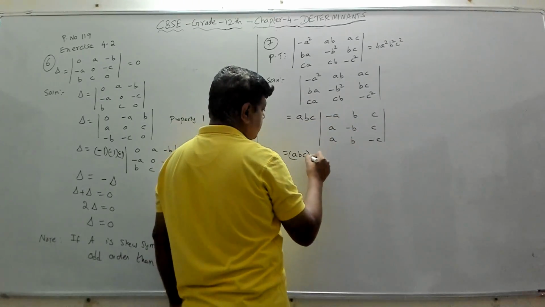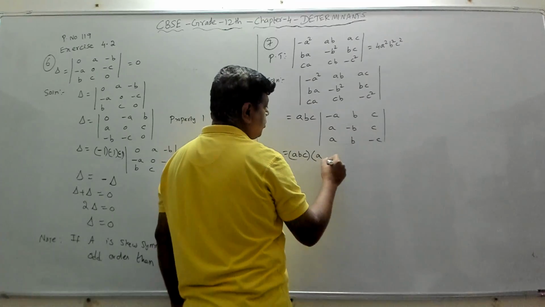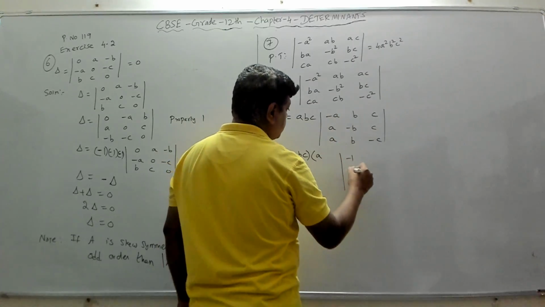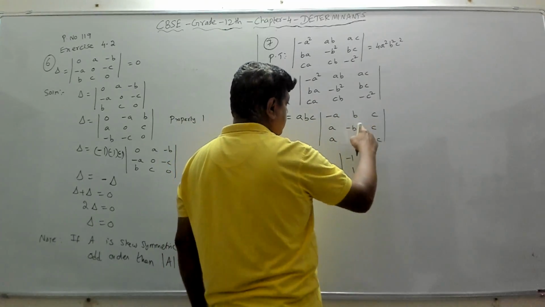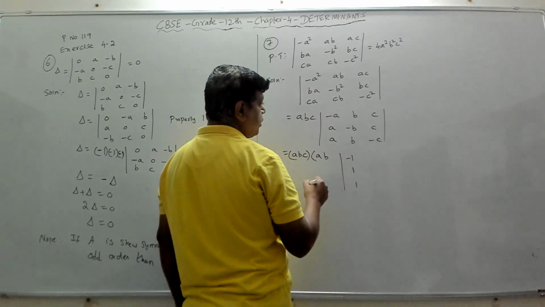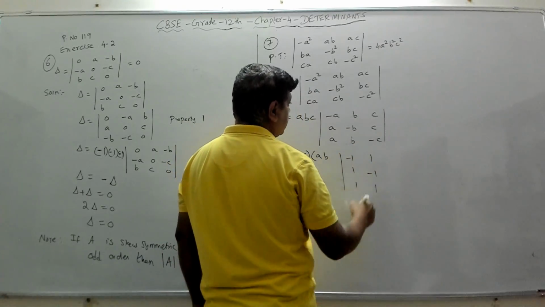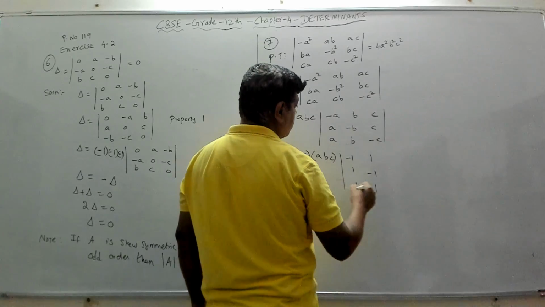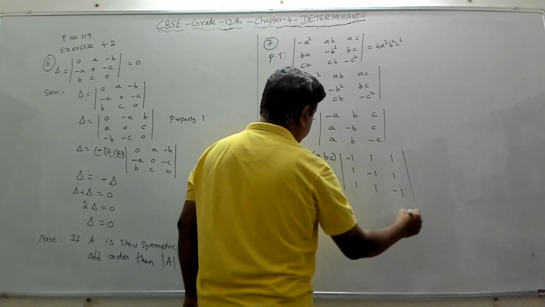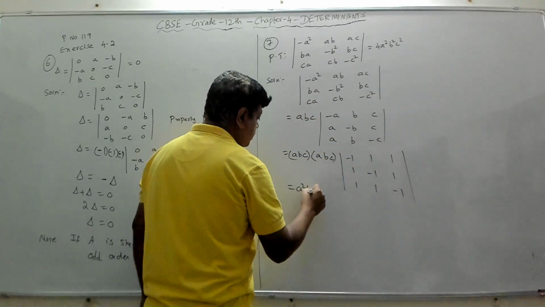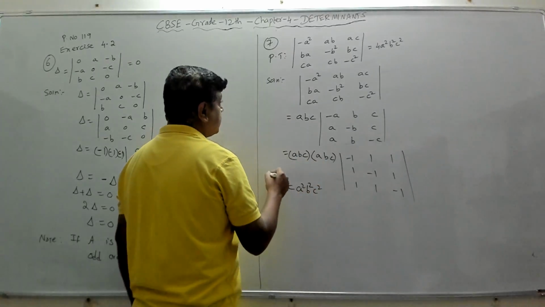It will become minus 1, 1, 1. And b is common in column 2, I can take that out, it will become 1, minus 1, 1. Again c is common in the third column, so 1, 1, minus 1. So you will get a square, b square, c square if you multiply.